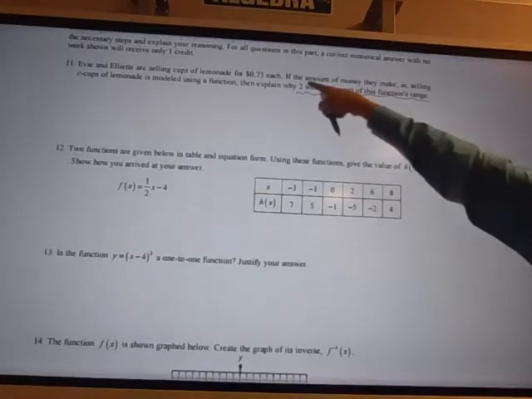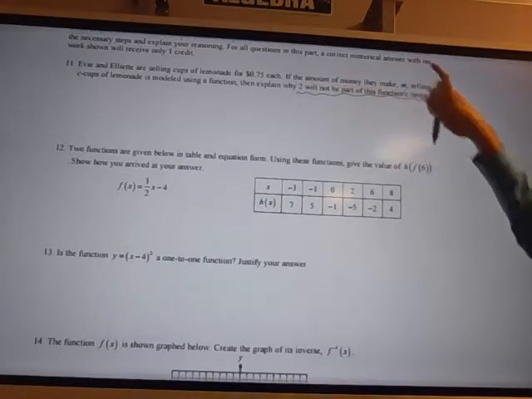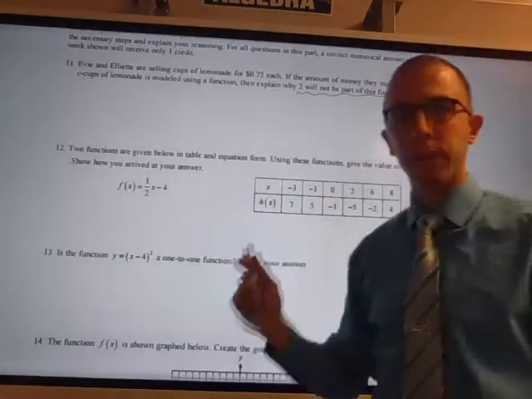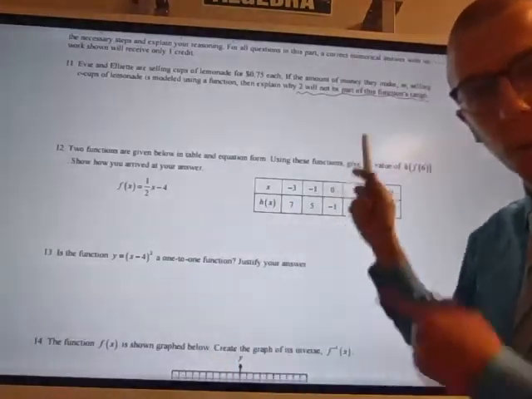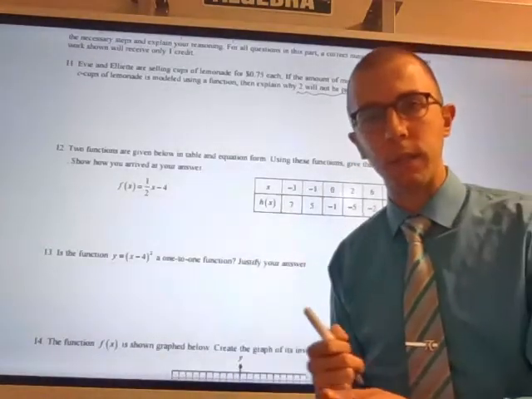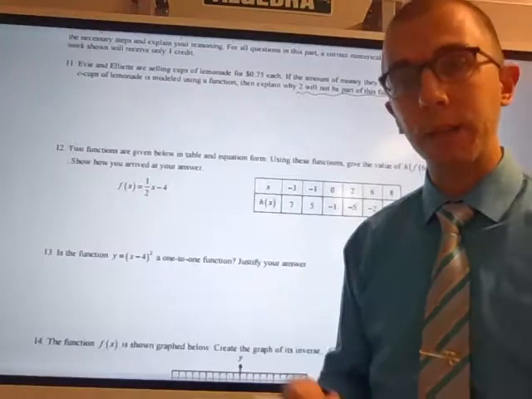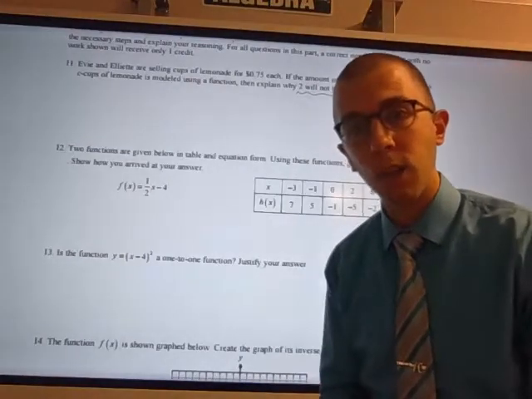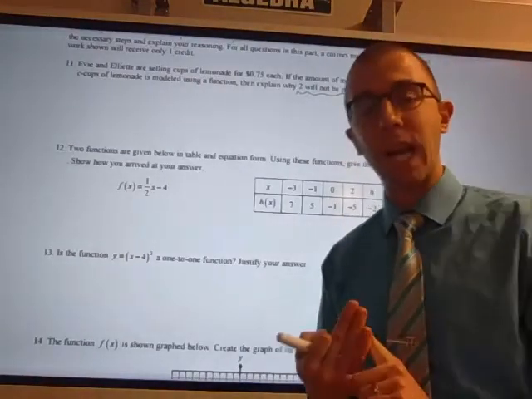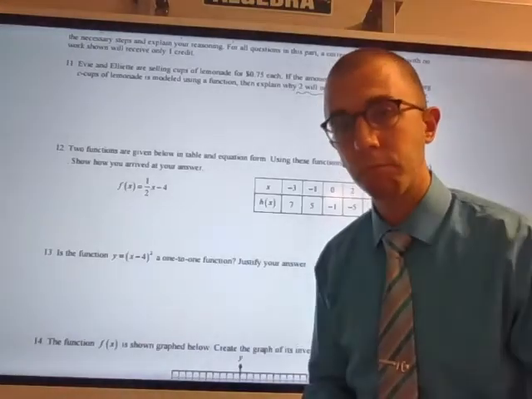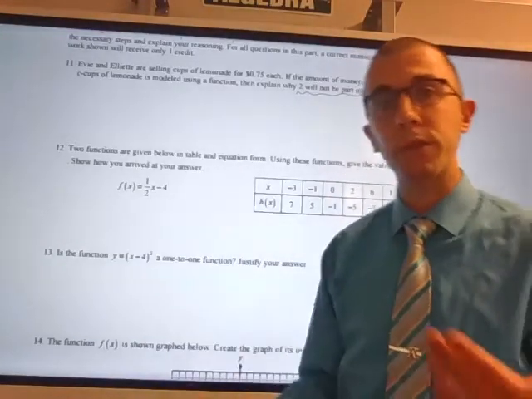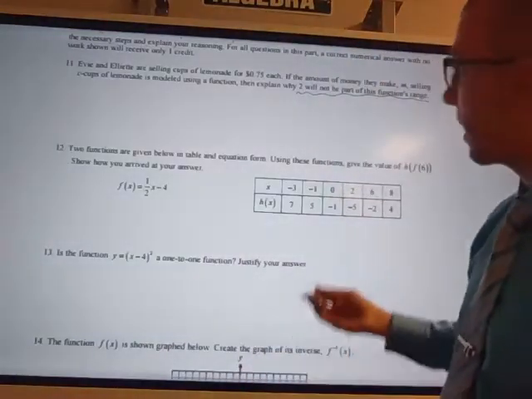Okay, let's see. So the amount of money they make, M, selling C cups of lemonade. So which of those things depends on the other? Does the amount of money they make depend on how much they sell? Or does how much they sell depend on how much money they make? Think about that for a second. So it's the amount of money they make.